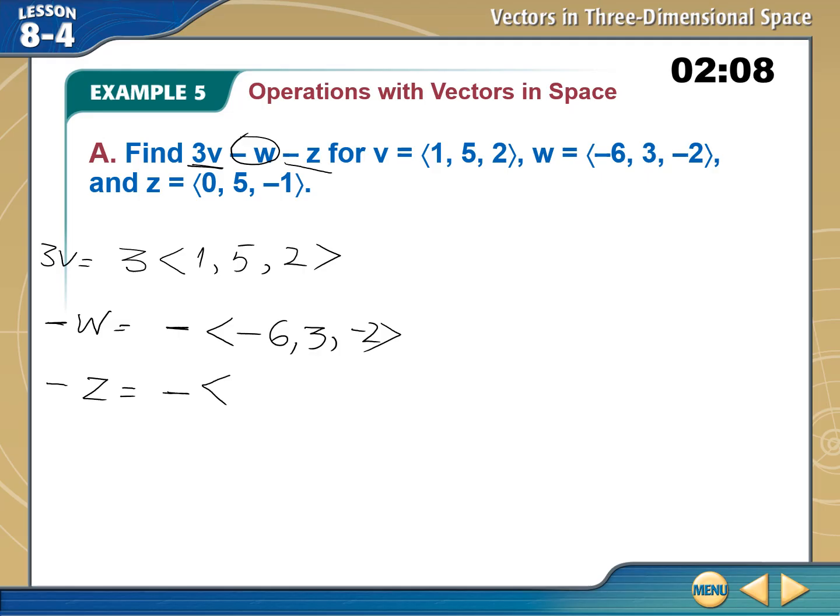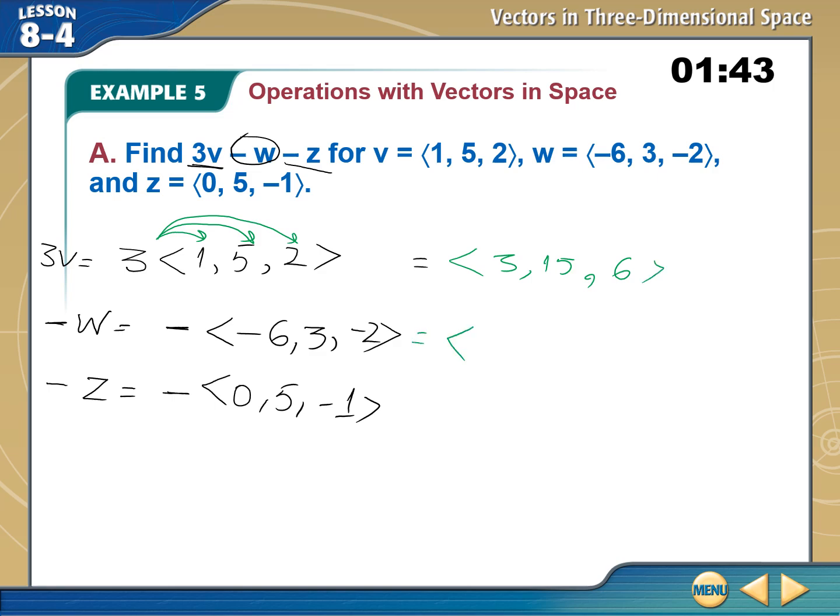So z is 0, 5 and negative 1. Look what I am trying to do. I am just trying to simplify my question. Multiply the whole vector v with 3, which is the scalar quantity. So 3 times 1 is 3, 3 times 5 is 15, and 3 times 2 is 6.